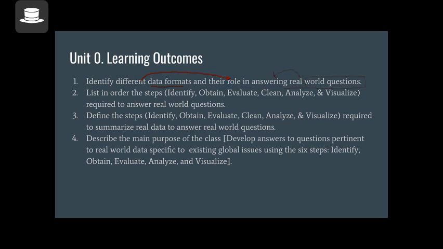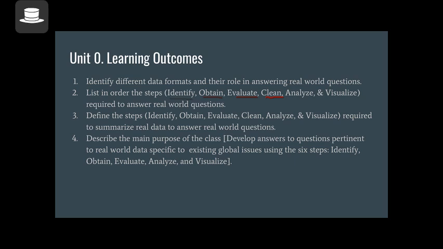In trying to answer these questions in the real world, we need to follow some specific steps. So, you need to identify what these steps are, or at least recognize these steps that you need to answer these questions. The first step is to identify the data set, then get access to the data set, then evaluate the nature of the data set, then clean the data set.